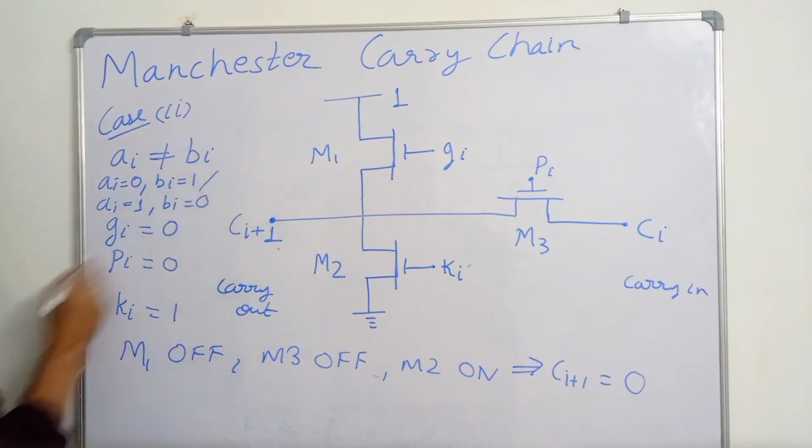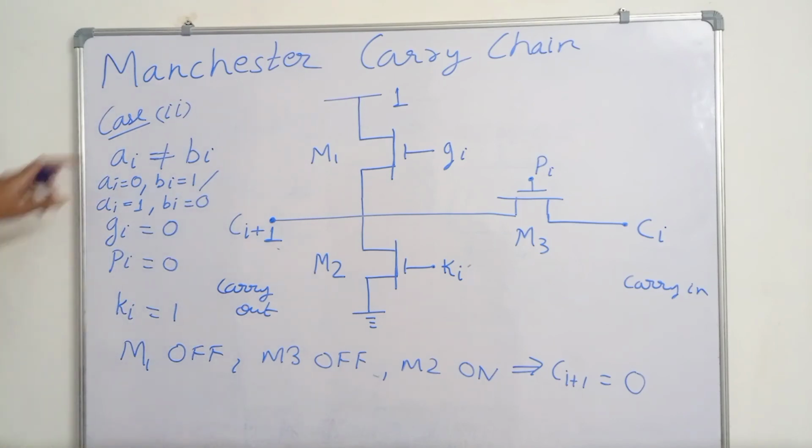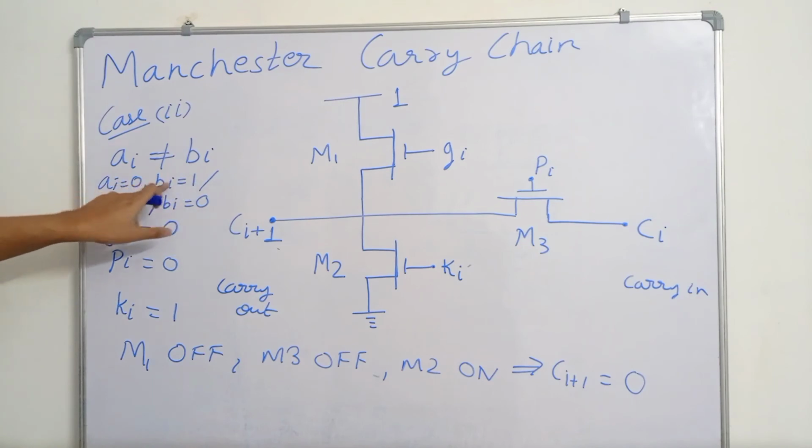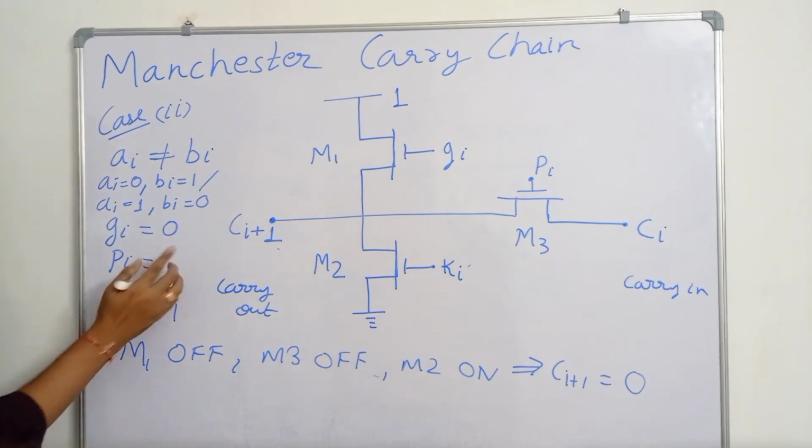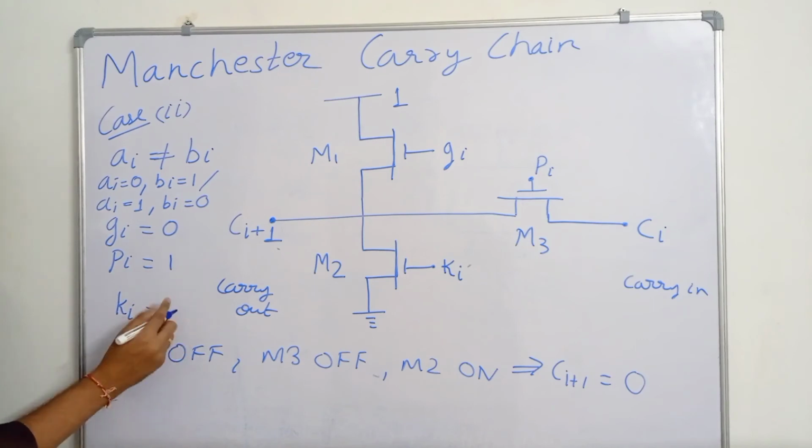This is the condition which we are looking at. In this case gi will be equal to 0, but pi will be equal to 1 and ki will be equal to 0.